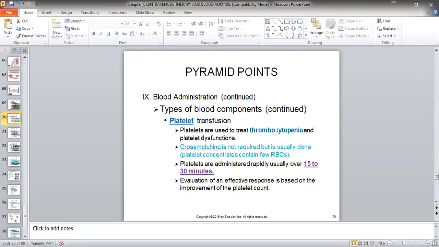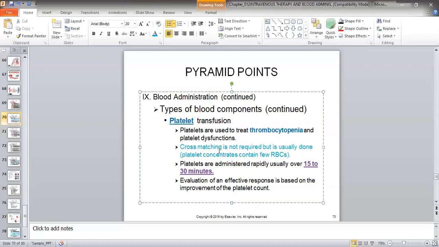If a patient has thrombocytopenia, we have to transfuse platelets. Before platelet transfusion, we must check the blood type and cross matching. Cross matching is not required, but usually done.